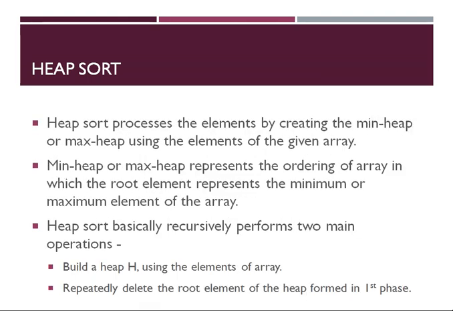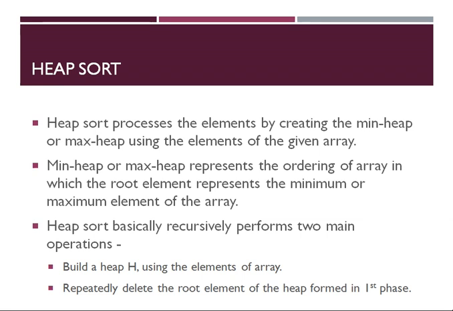In heap sort, we process the elements by creating either a min heap or a max heap, and we know the properties of min heap and max heap. In min heap, the root of the tree will have the lowest value, whereas the right child and left child will have values greater than the parent node, right?